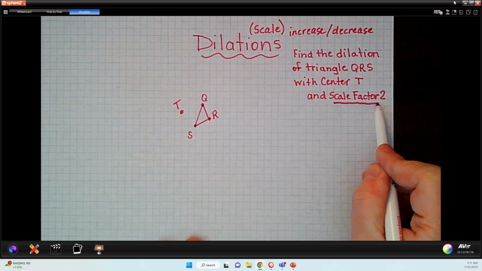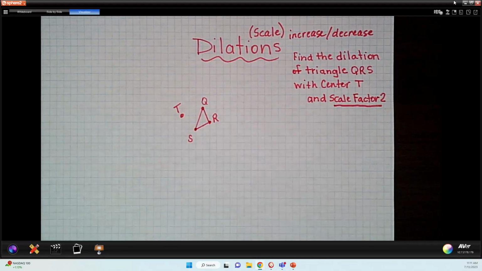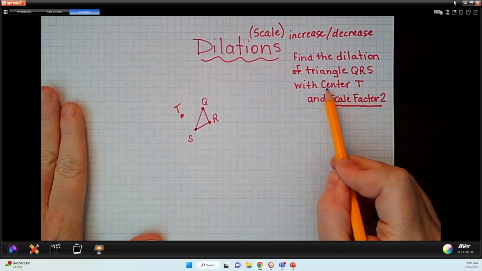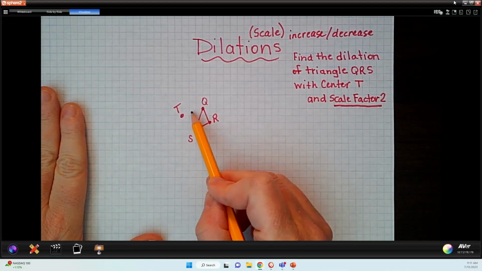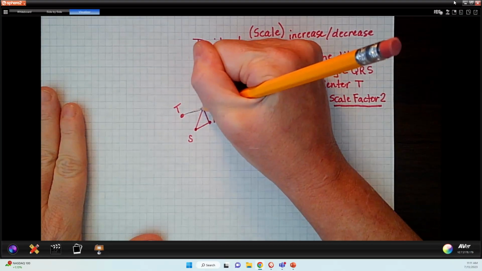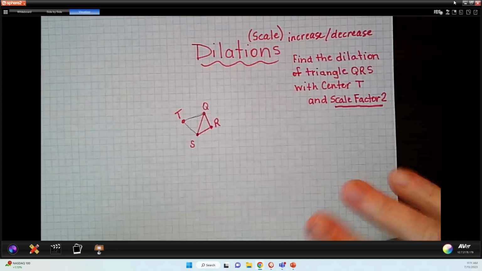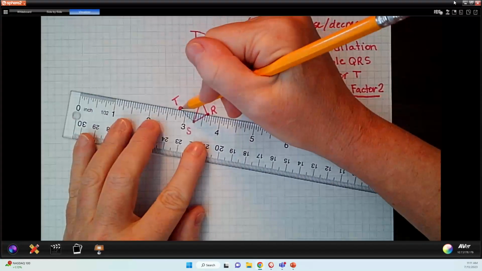Now, this particular example is actually in our lesson, and I'll show this in just a second. But how would the students go about doing this? So the first thing they have to do is see, well, if my center is T, that means my points are coming from T. So I would take my pencil and just connect them so I can see my lines of dilation.